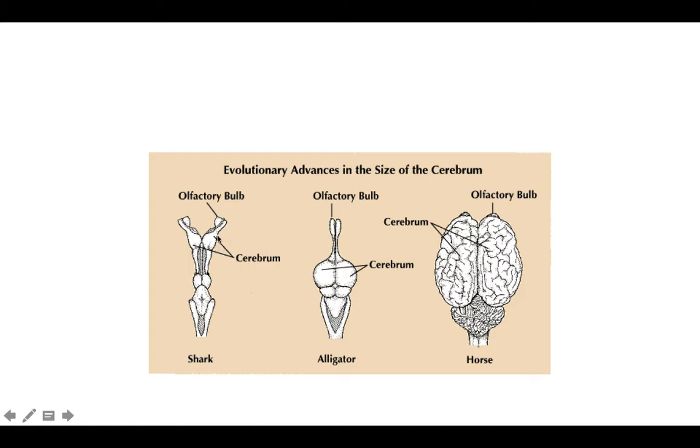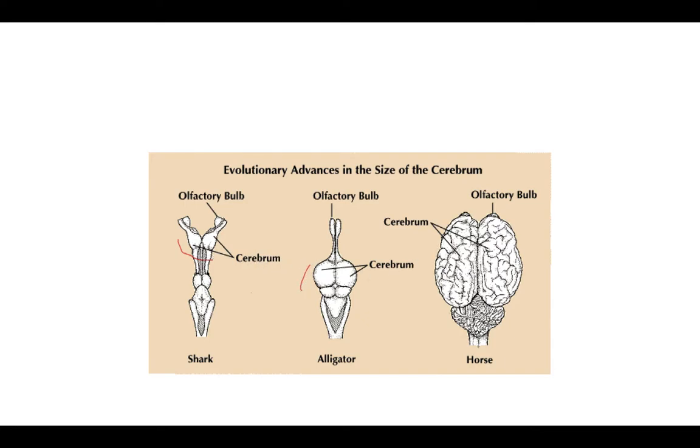But the cerebrum, which is pretty much the cortex plus a few other structures, so it's kind of the advanced processing part of the brain, you can see in the shark, it's barely even there. And then in the alligator, it's bigger.